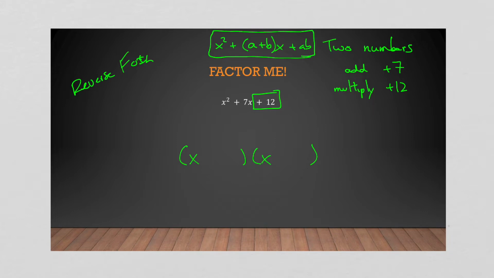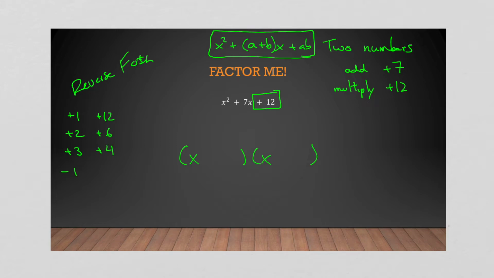So when you're first starting this and you're not automatic, list the factors of 12. What are they? And be careful because we need to list them with their sign. Okay? What are the factors of 12? Well, 1, positive 12. Positive 2, positive 6. Positive 3, positive 4.